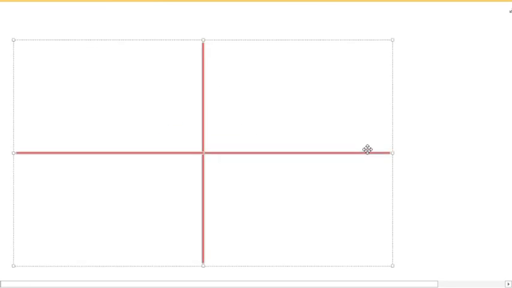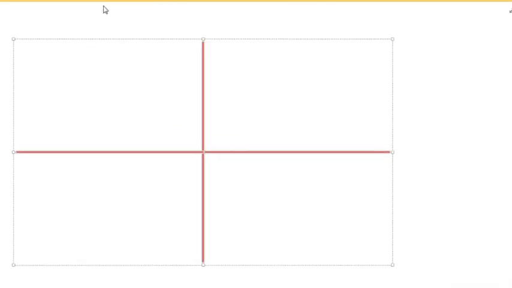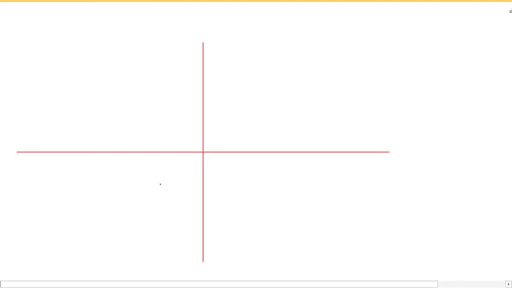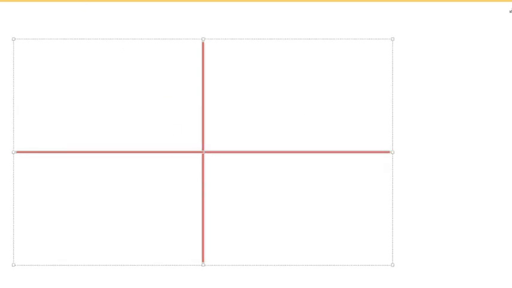I'm again drawing the graph, and now I'm drawing a function like this one, say for example, a curve-shaped one.